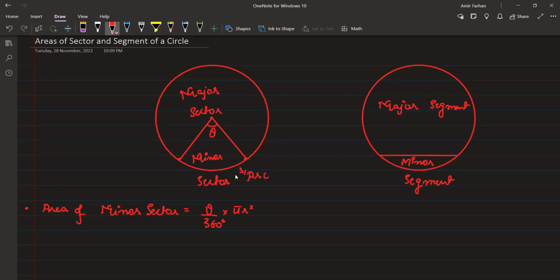Clear? This is called the arc. And there's a formula for it. I've told you the formula, theta by 360 into pi r square. Clear? Yes. Very good.